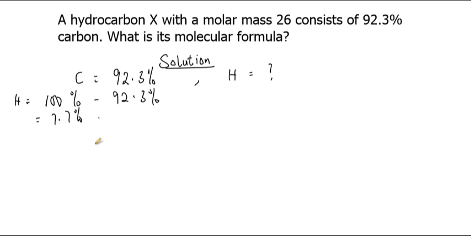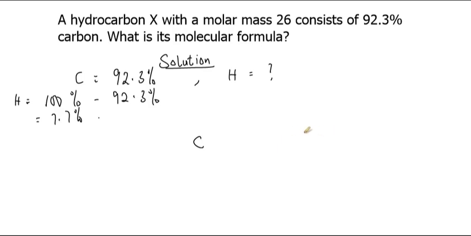Let's continue. The question says we should find the molecular formula of the compound, and before we can get the molecular formula of any compound, we need to know the empirical formula, and that's what we'll be doing next. To get the empirical formula, we need to know the number of atoms of each of the elements present in the compound, and to do that, we'll be having it in a tabular form, working for both simultaneously.